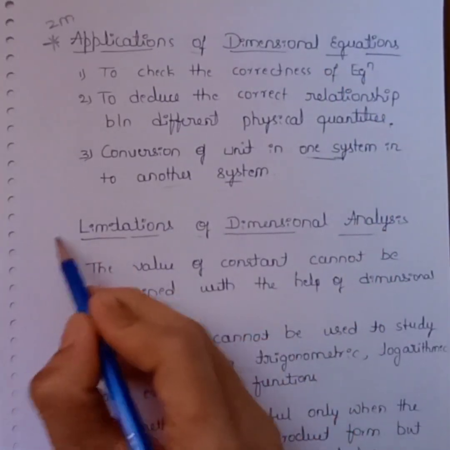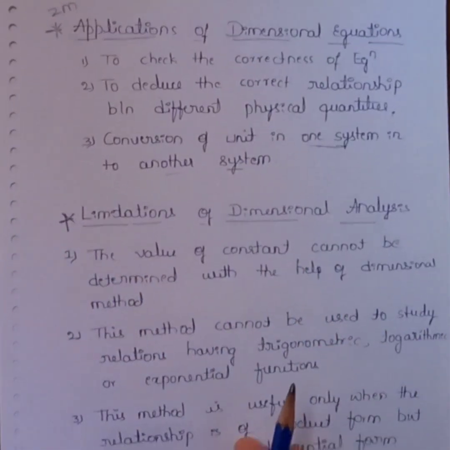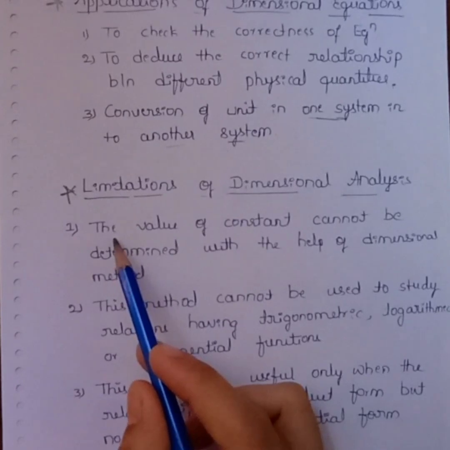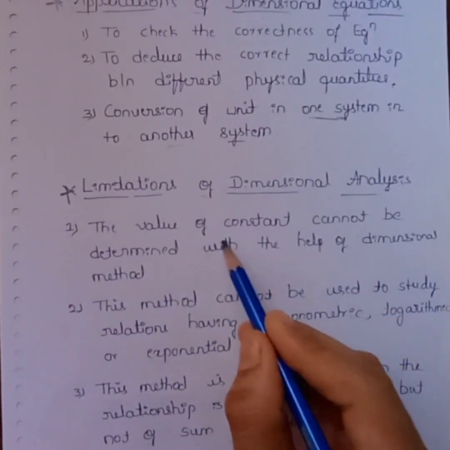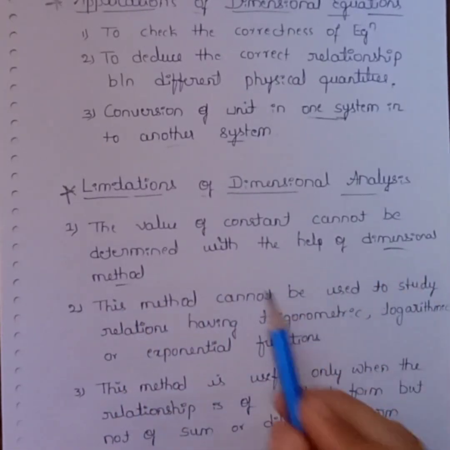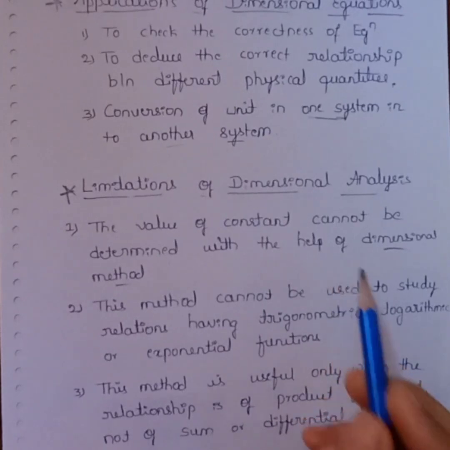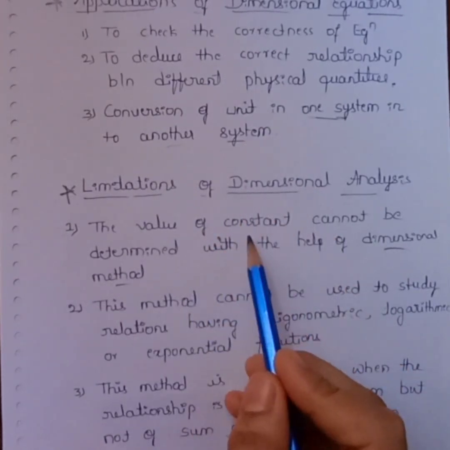Next topic is limitations of dimensional analysis. For the first point, the value of a constant cannot be determined with the help of dimensional equations. This dimensional method is not useful to find the constant value.